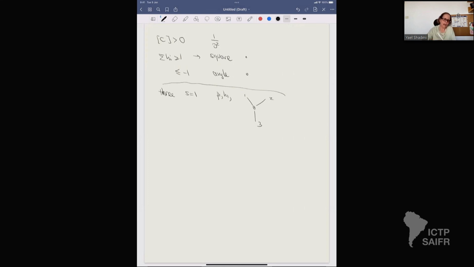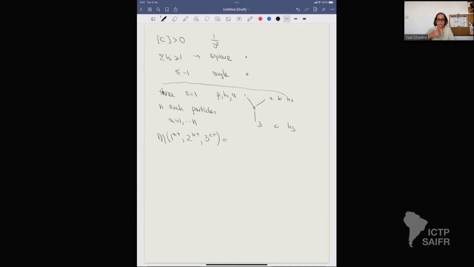Suppose I have N such particles. So let's also give them some index A, where A runs from 1 to N. So this is going to be A, this is going to be B, and this is going to be C. And they also have their helicities H2 and H3. And so now we can start to look at their amplitudes. So let me first of all take them all to have the same helicity, let's say plus.